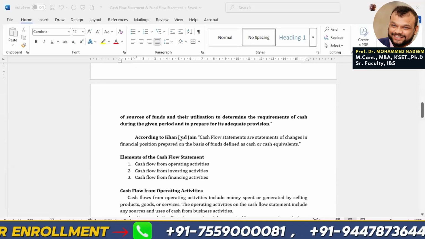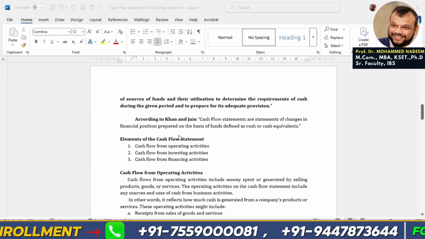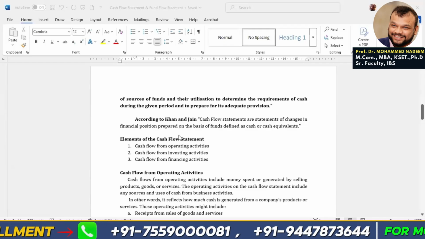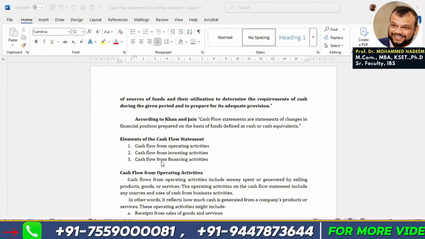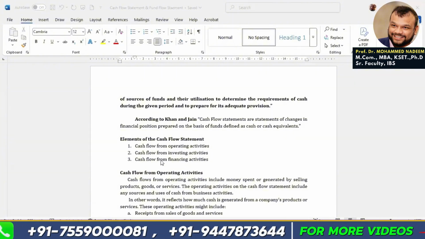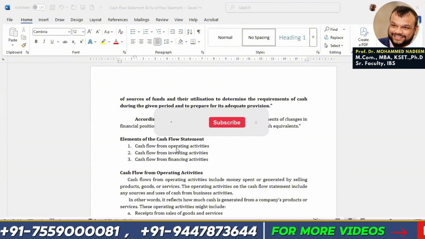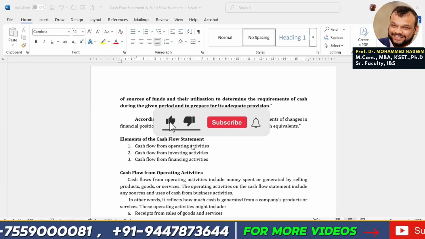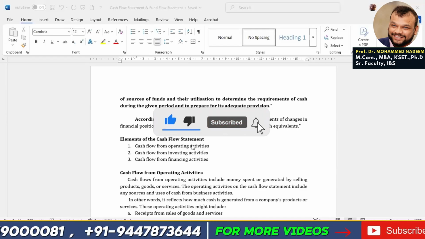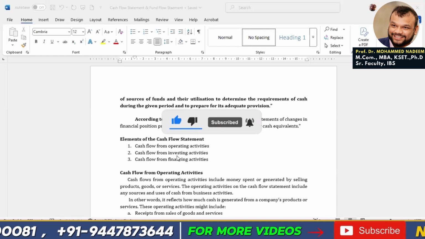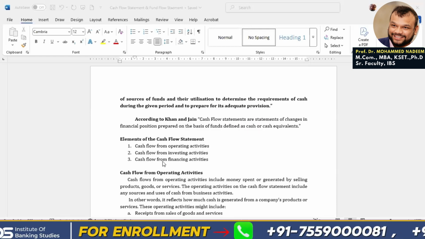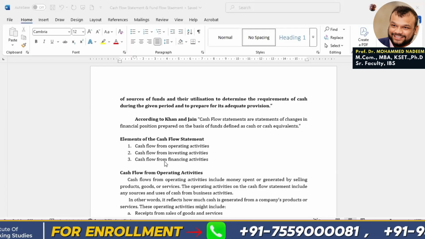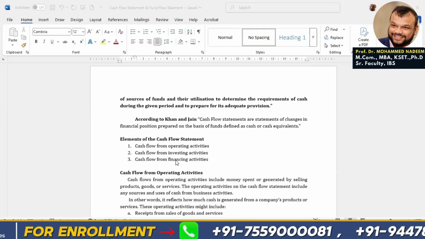As I said, a cash flow statement consists of 3 activities. How many activities? Cash flow from operating activity is the first part of the statement. The second part is investing activity, and the third is financing activity.